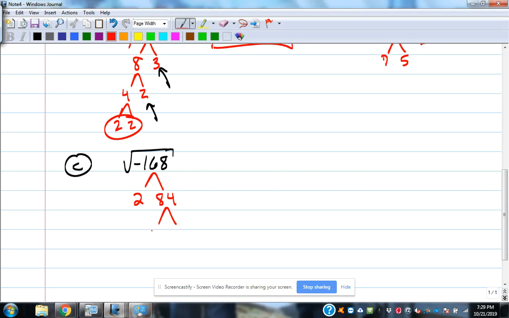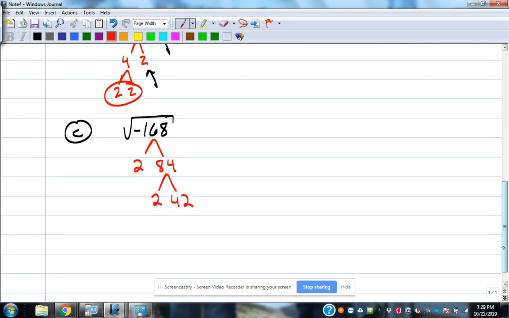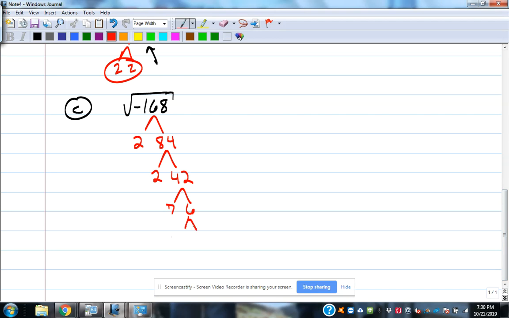It's even too, right? So 2 goes into it 42 times. Now I'm getting down to some smaller numbers, and maybe I know a little bit more. What do we know about 42? 7 times 6. And 6 is 3 times 2. Hey, got a pair of 2s right there.